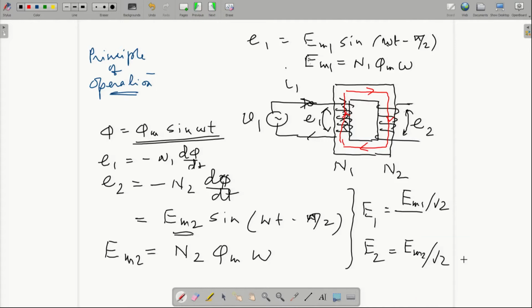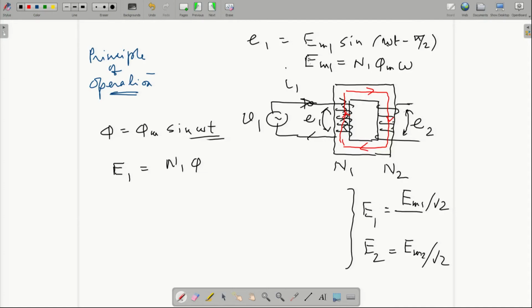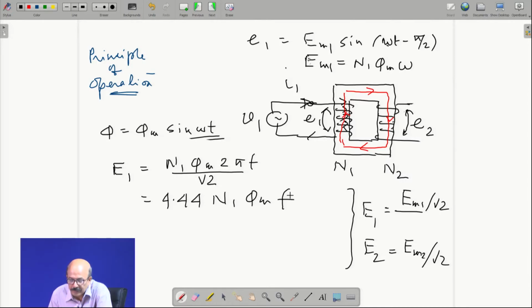E1 is EM1 by root 2, which is N1 phi m omega by root 2, and omega is 2 pi f, so 2 pi by root 2 is 4.44, and E1 is 4.44 N1 phi m f. Similarly E2 is 4.44 N2 phi m f.